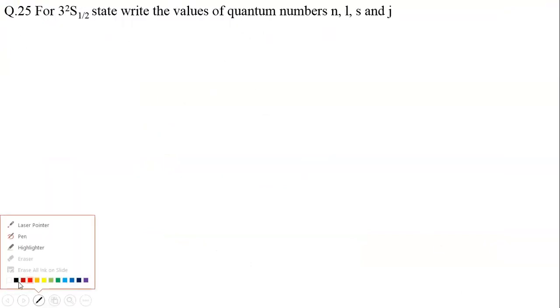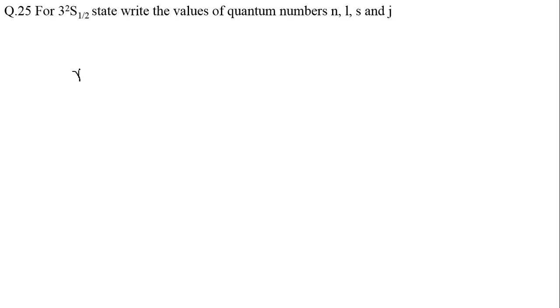The question gives the 3 2S half state and asks to write the values of quantum numbers n, l, s, and j. We know the spectroscopic notation is n, 2s plus 1, l, j.